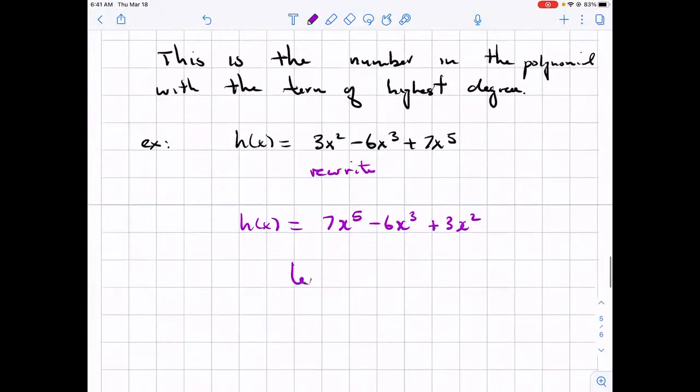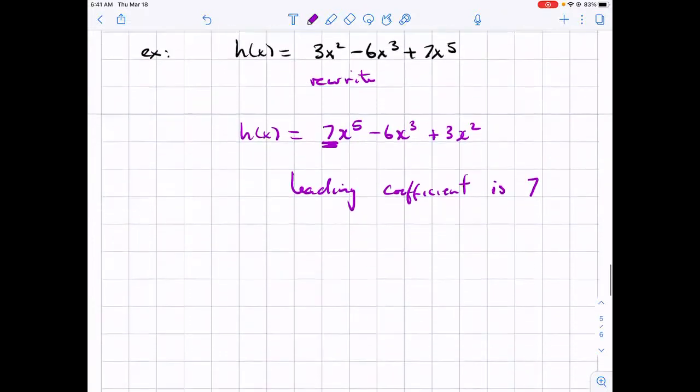So therefore, the leading coefficient is 7. This is our leading coefficient. Now, the leading coefficient has a very important role in the shape of the graph. So now we can look at what is called the leading coefficient test.